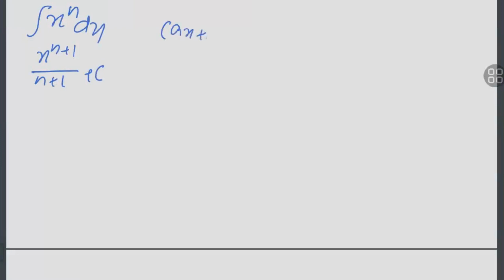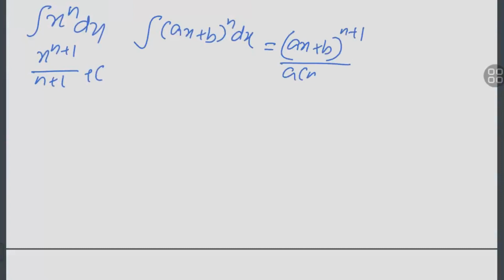Actually, in P1 integration, even though they will ask normal integration, x^n, you have x^(n+1) over n+1, right? Then you should know integration of (ax+b)^n, which is (ax+b)^(n+1) over a times (n+1), plus c, right? This is normal.